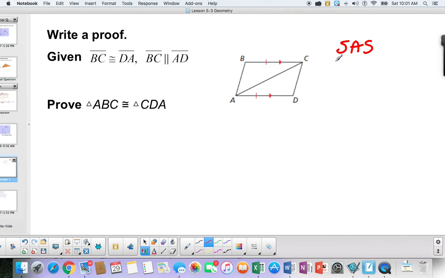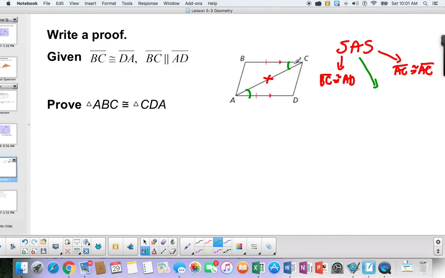Well, I can see that I have a pair of sides because I have BC congruent to AD, and I can see I have another pair of sides, and that's this one right here, and we usually mark reflexive with a cross, so I know AC is congruent to AC. And now the question is, can I find an angle? Well, I do have these parallel lines, and I know that this angle will be congruent to this angle, so I'm going to write that.